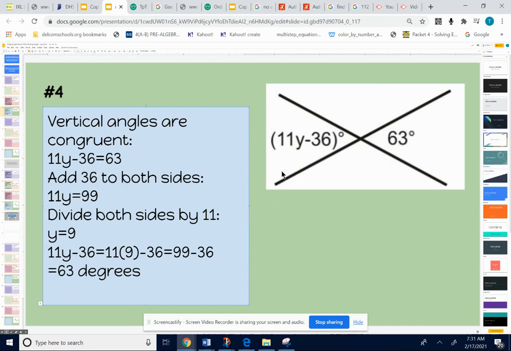Then we put the y value of 9 in for y in the expression 11y minus 36, and we got 63 degrees. Now, I realized that you would have known that angle was 63 degrees because the two angles are equal to each other, but it's still good to get that practice of solving the equation for your variable.